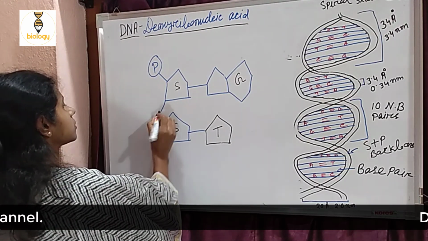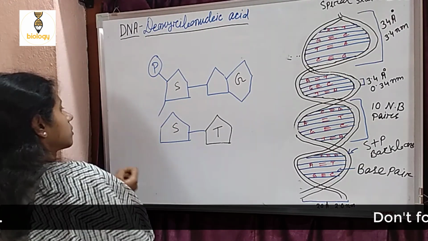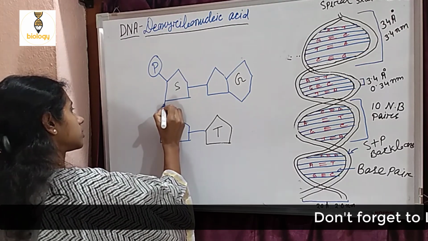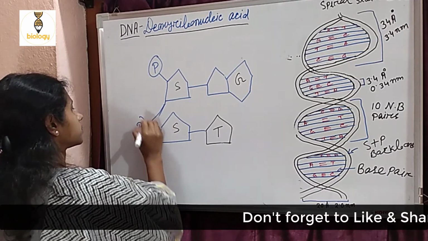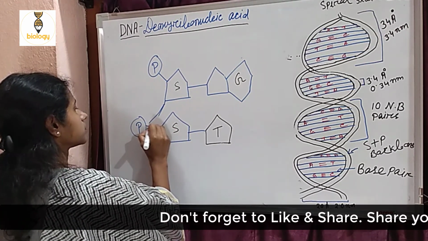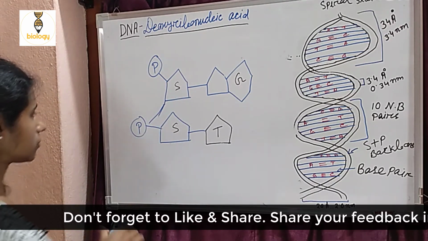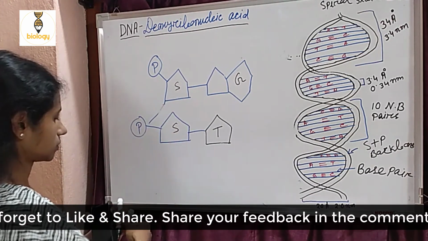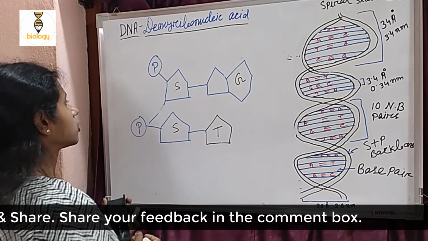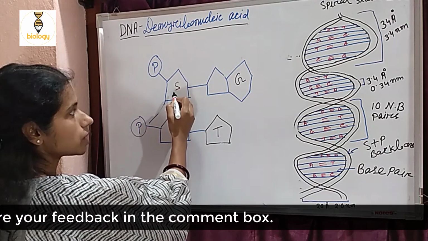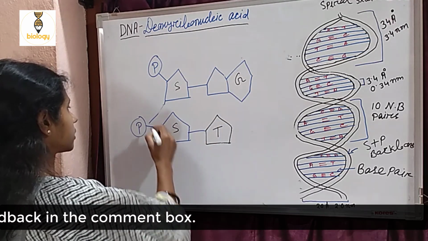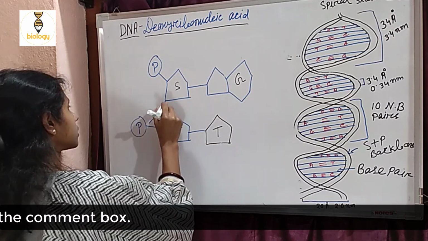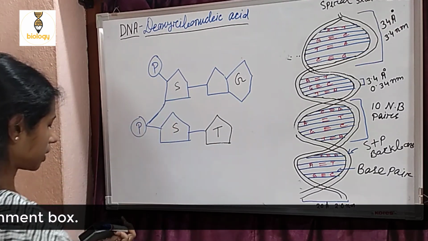Here, 2 phosphate, you see from here, 1 phosphate joined with the deoxyribose sugar, and here is the nitrogen base. In another part also we can see another nitrogen base is there.